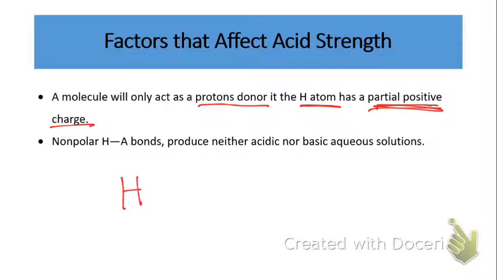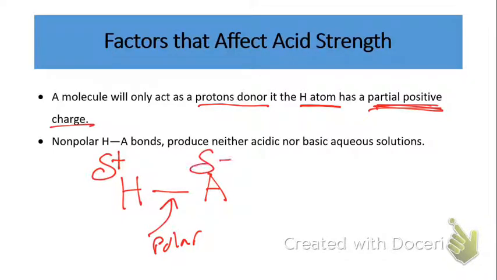So if the hydrogen forms a polar bond with the conjugate base, due to the difference in electronegativity values, then the hydrogen will be slightly positive and the conjugate base slightly negative.